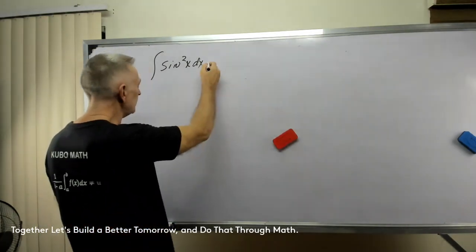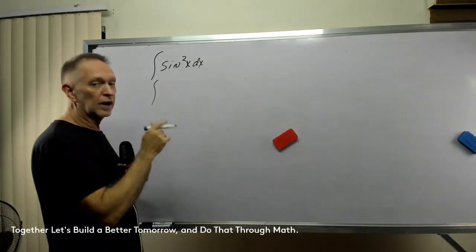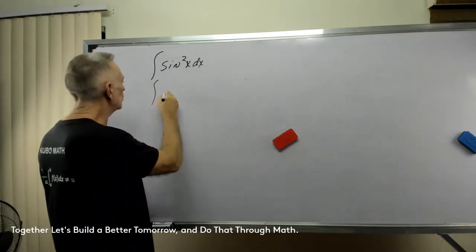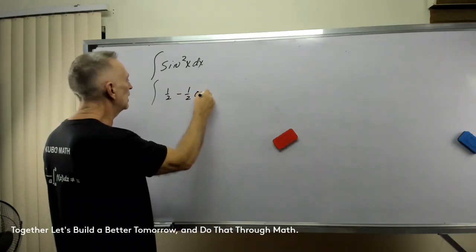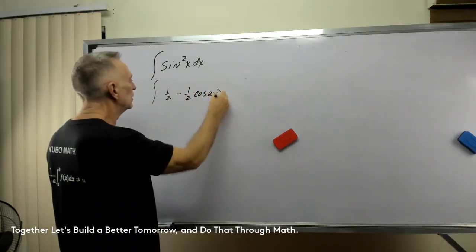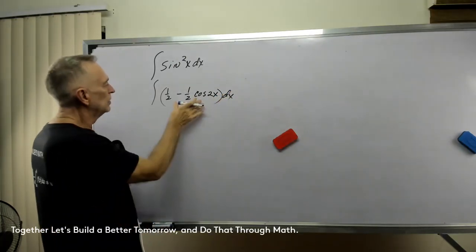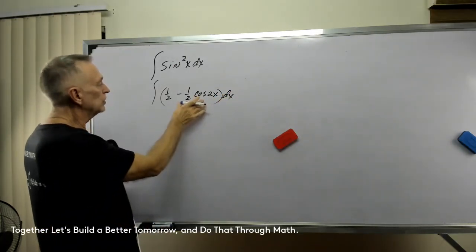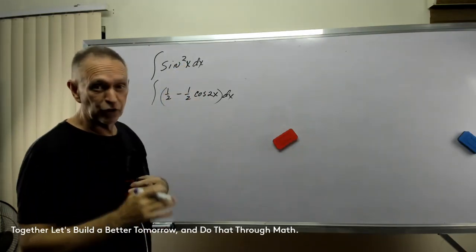There's a formula that says sine squared x equals 1/2 minus 1/2 cosine 2x, and we're integrating that with respect to dx. You can see I've reduced the power, and now I have something I can work with.